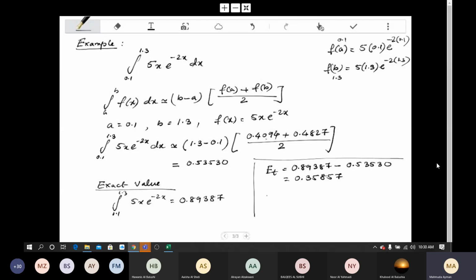Now let's calculate the relative true error. So we have true error divided by true value, absolute, times 100. Can you give me this answer here? What is the percentage error that we have now?